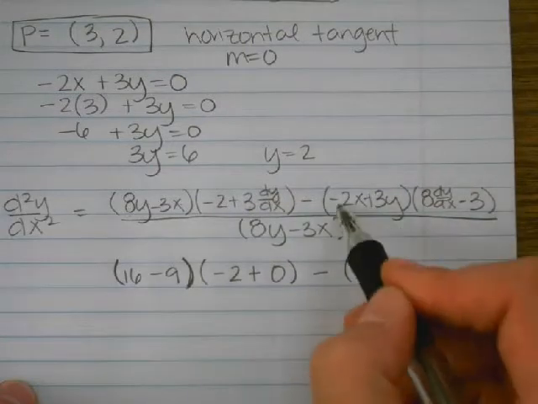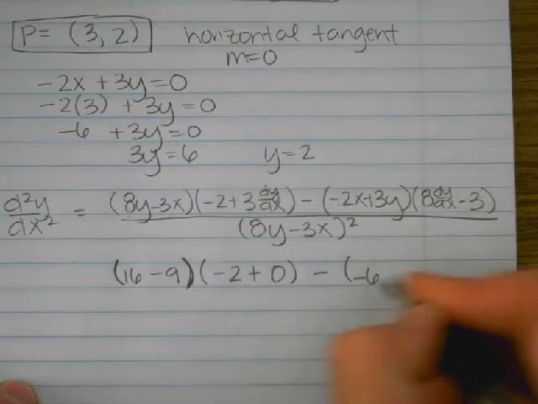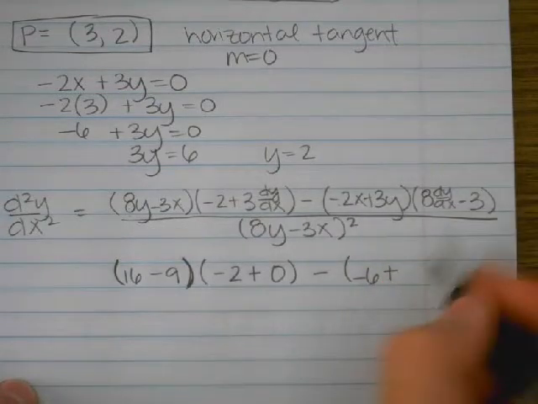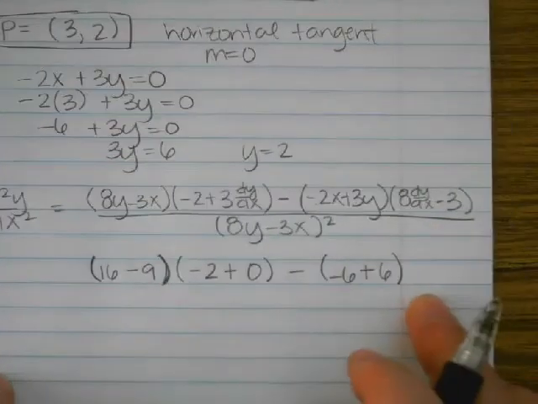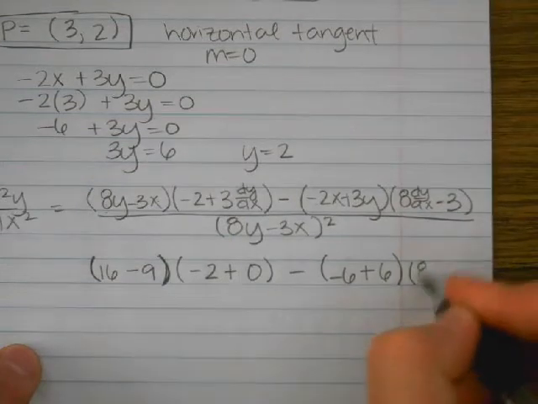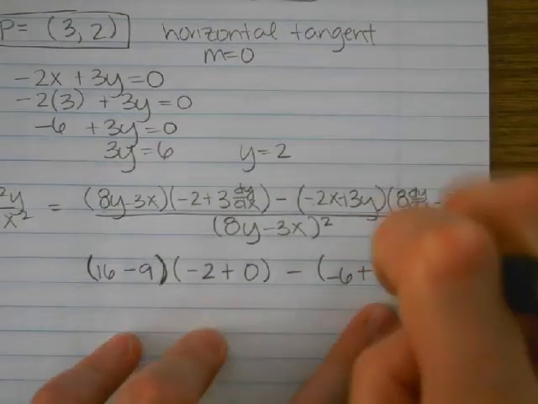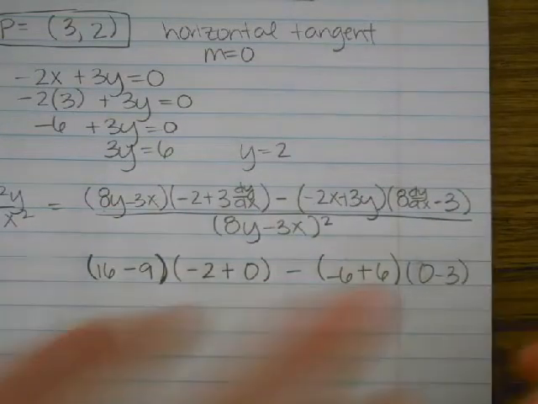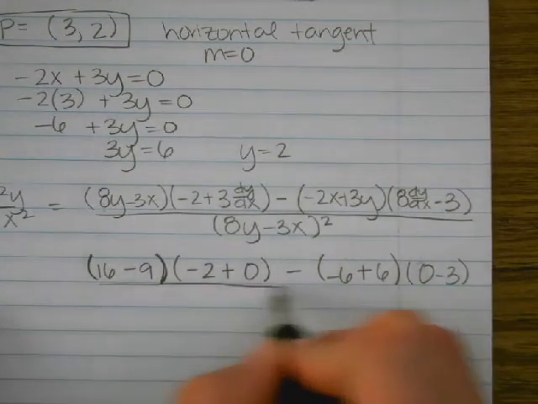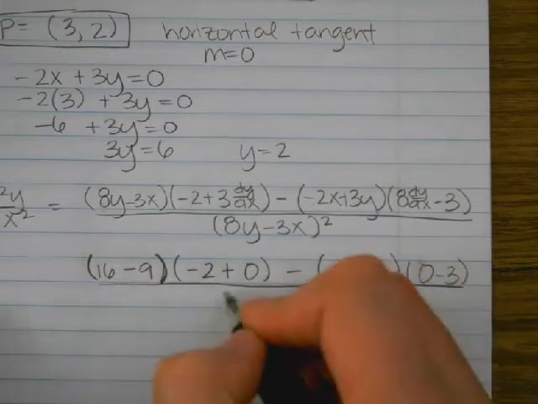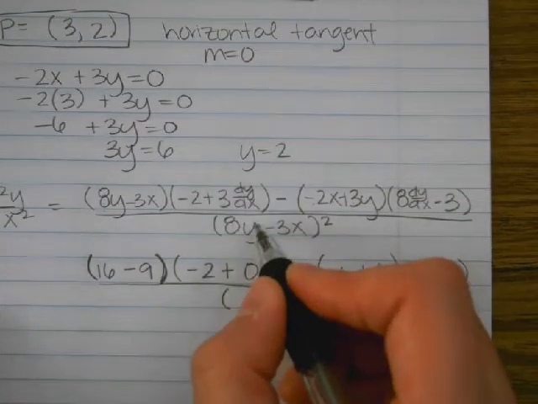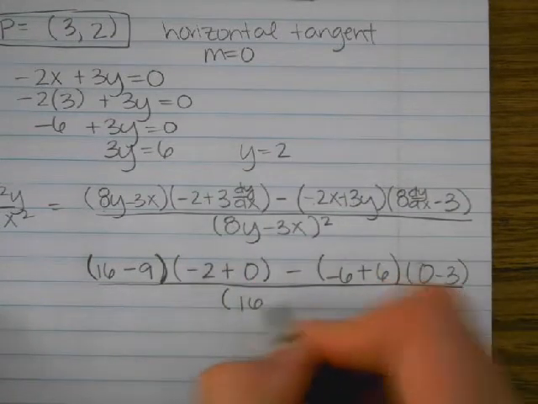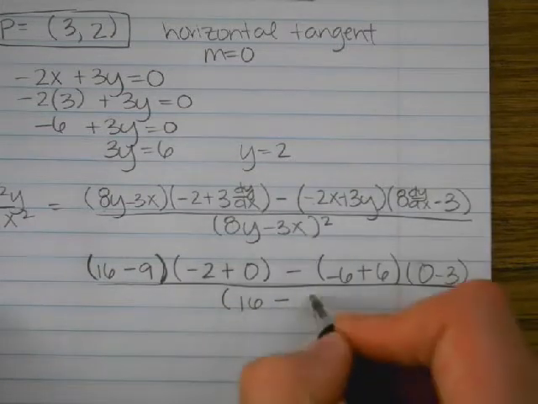Minus negative 2 times 3 is negative 6. 3 times 2 is positive 6. 8 times 0 is 0. Minus 3. Divided by 8 times 2 is 16, 3 times 3 is 9, squared.